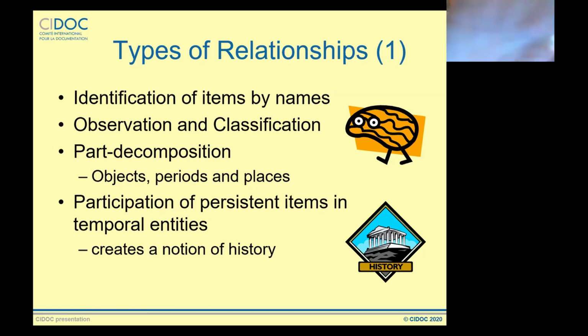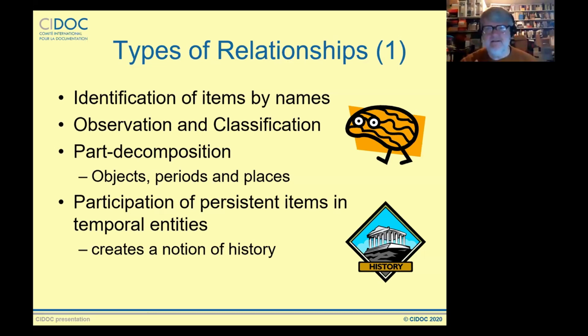If I do that and then come back, you can still see it's me, right? So I'm a persistent item, very persistent, some people say. That way, you can take part in a series of events and thus take part in history, form part of history. So that's the idea behind this concept of participation of persistent items in temporal entities. That gives us history.